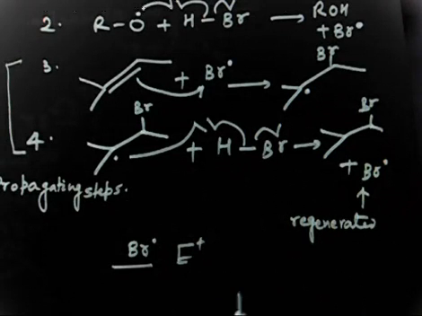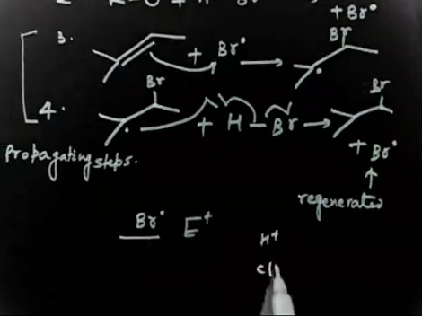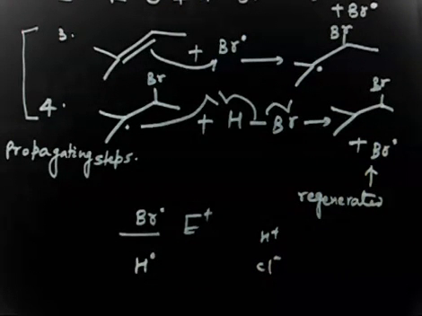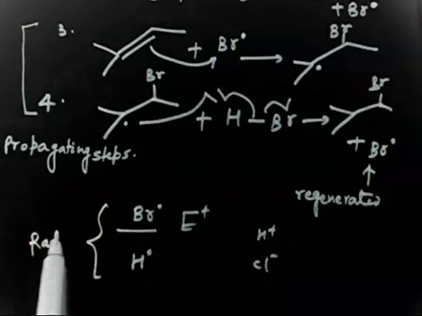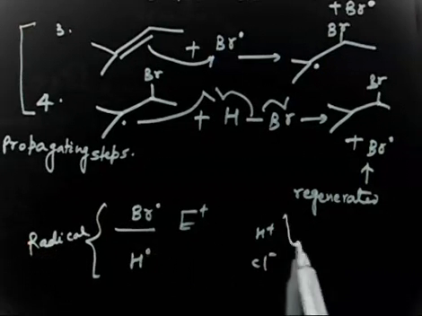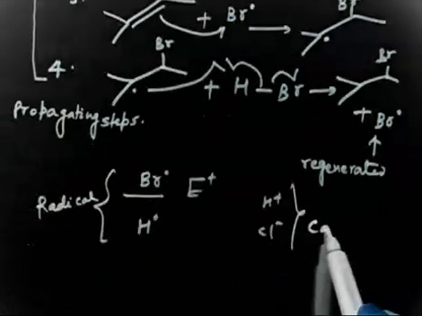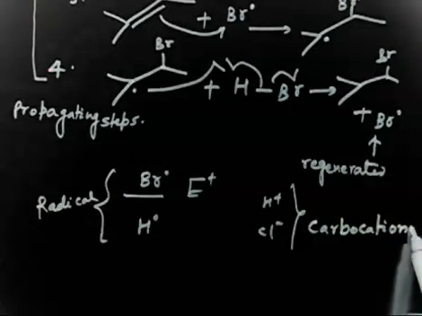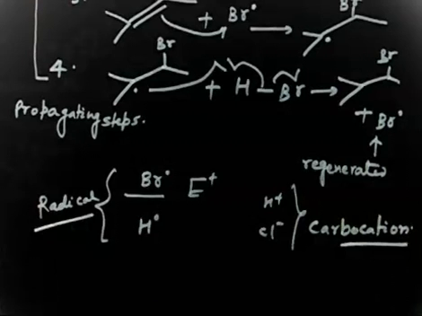If you have HCl, in that case H plus is added in the first step, Cl minus adds in the second step. But here you have Br dot that adds in the first step, H dot that adds in the second step. In this case you will get radical as intermediate; in the other case you will get carbocation as intermediate. Of course, the same factor that stabilizes the carbocation also stabilizes the radical.